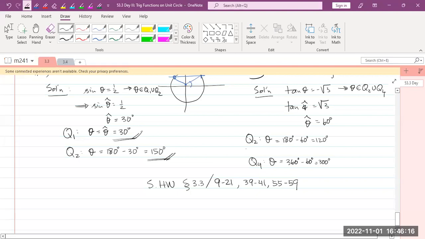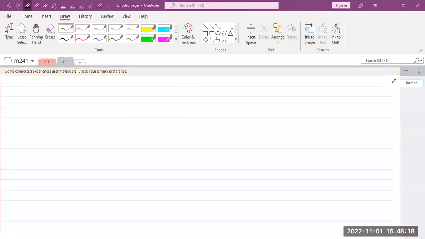Okay, now we go on to the new section 3.4. You will see that this section does not require you to be really good in the earlier sections. No, you need to know those, okay, but you don't need to be really good.